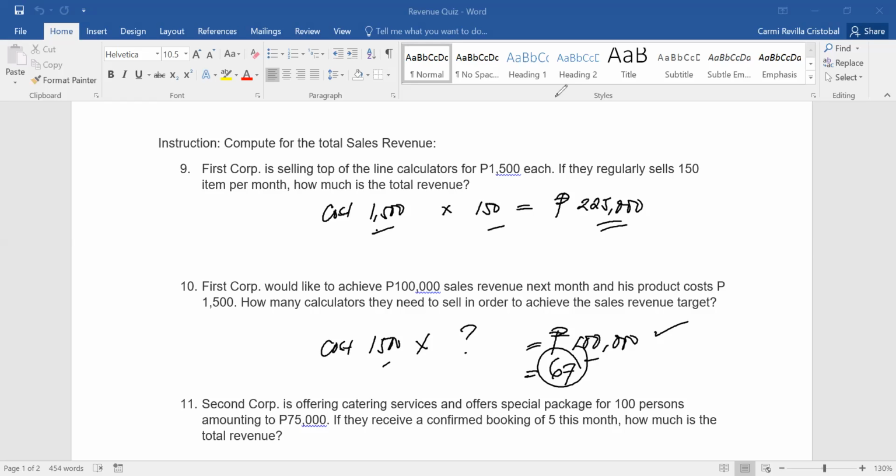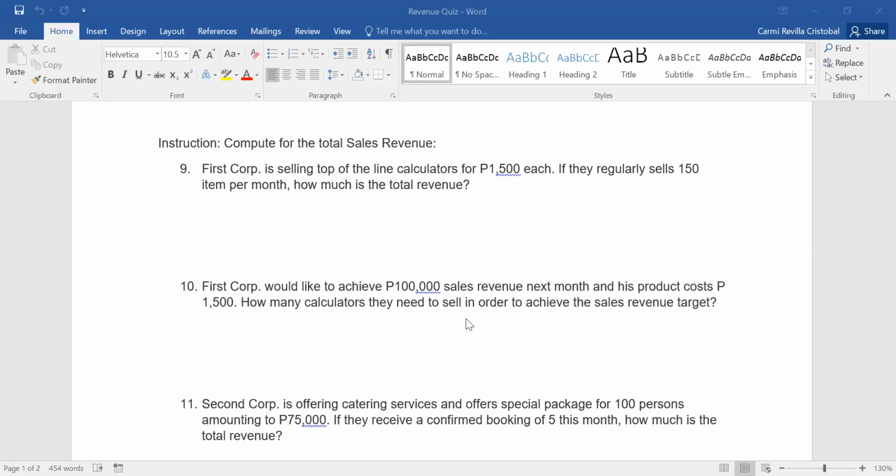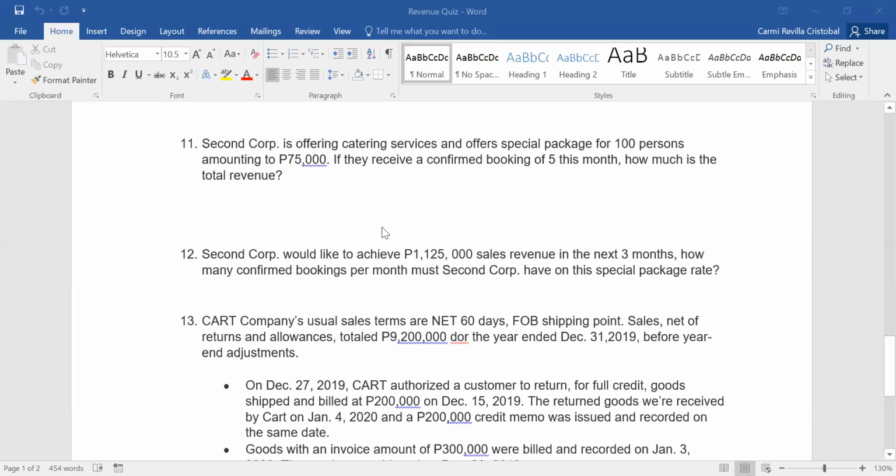Okay, question so far, guys? Wala naman. Clear enough? Okay, let's do number 11 and 12 for Second Corporation. Second Corporation is offering catering services for 100 persons. So, special package siya, no? Amounting to 75,000.